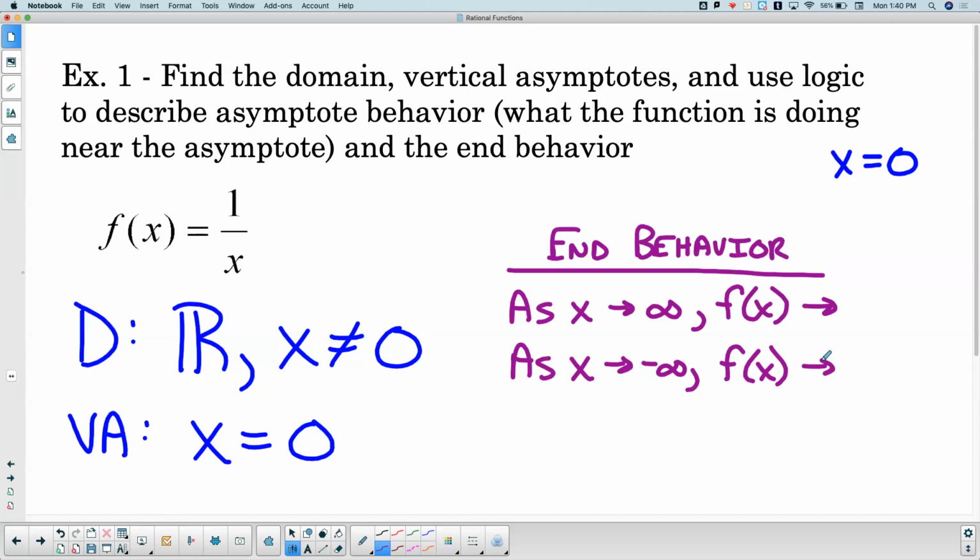Let's talk about that now. As x goes to infinity, that would be 1 over a really big number.